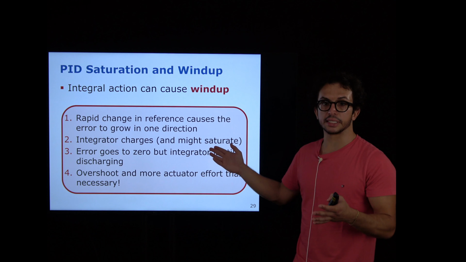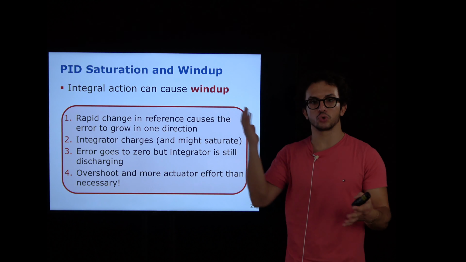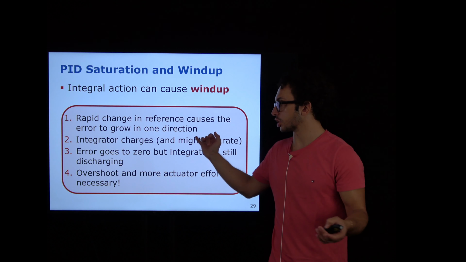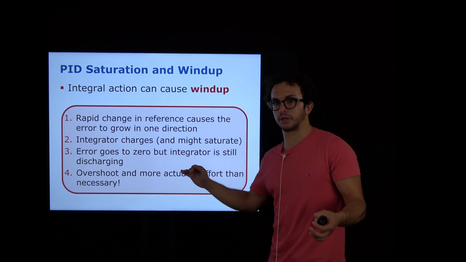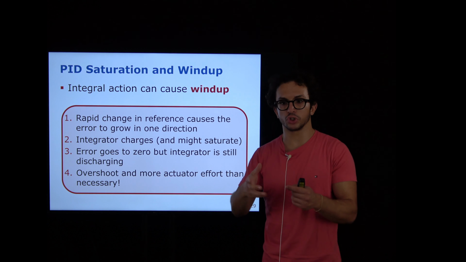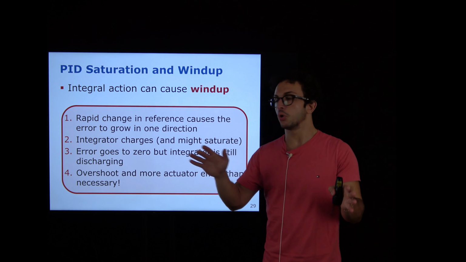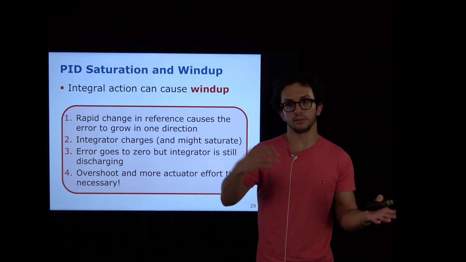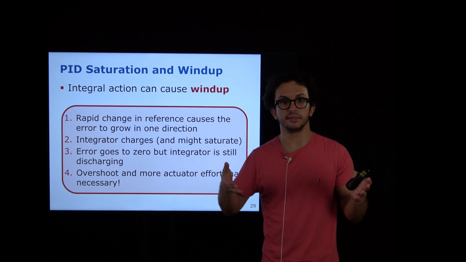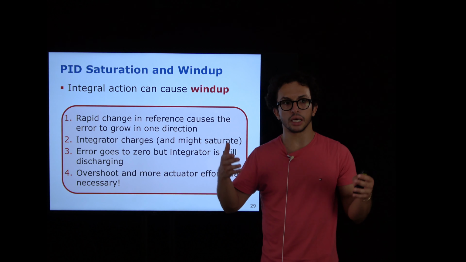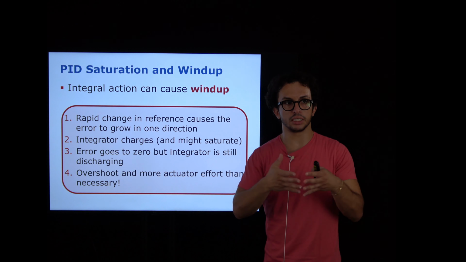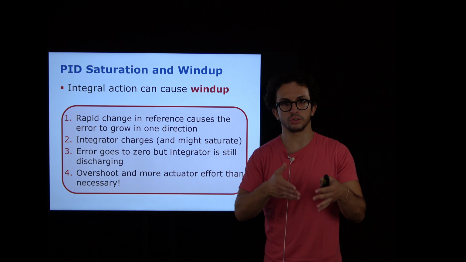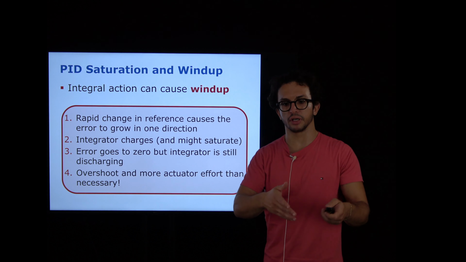One thing you could do is that when you saturate, you just switch off the integral part. So the integral is not active anymore, it doesn't charge, so it doesn't have to discharge later. When we hit saturation, we just enter a safety state where the integrator does not work. We just rely on the P and, in case, the D controller, and as long as the input is not saturated anymore, we keep evolving.